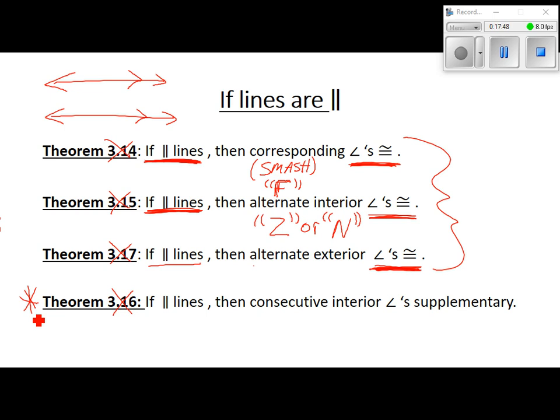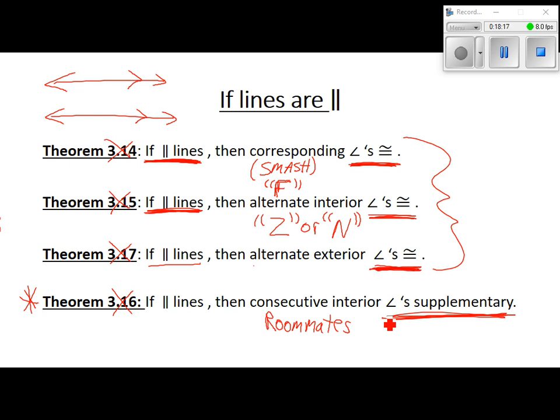The consecutive interior angles, the roommates, are not congruent to each other, but they're supplementary. So that's why it's sort of different than the others. The first three, corresponding angles, alternate interior angles, alternate exterior angles, if the lines are parallel, then they have to be congruent.